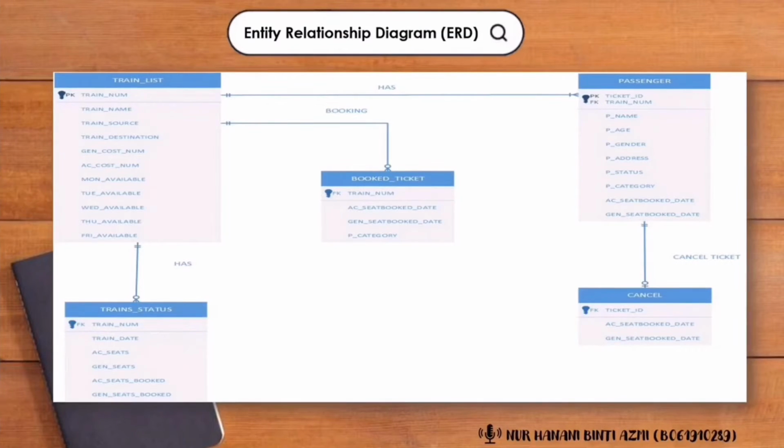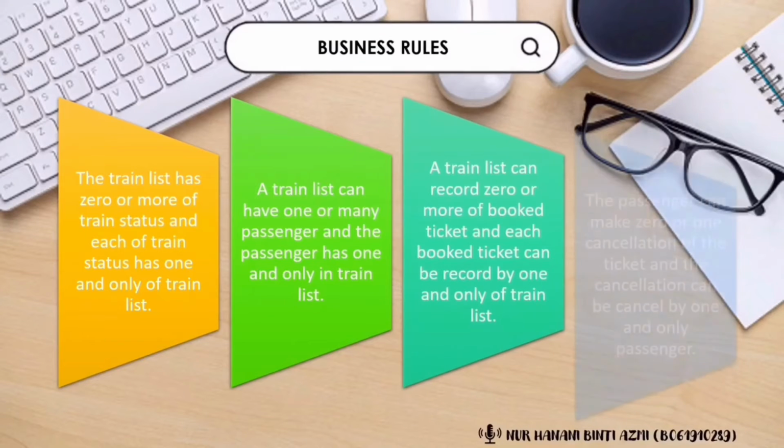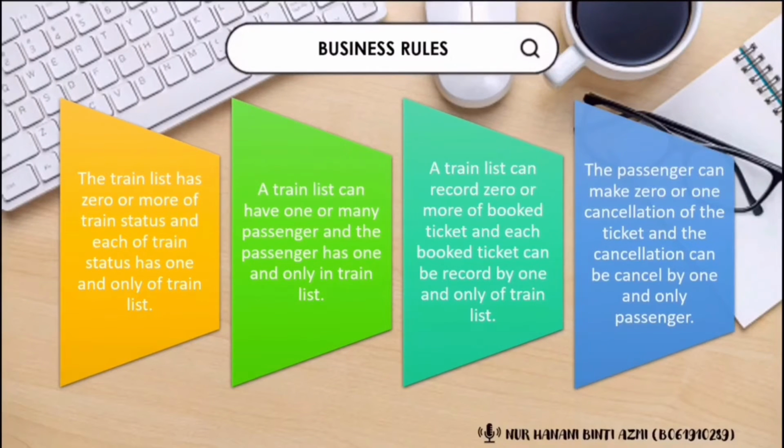For the business rules that we can see from the ERD, the train list has 0 or more train status, and each train status has one and only one train list. The second is a train list can have one or many passengers, and the passenger has one and only one train list.